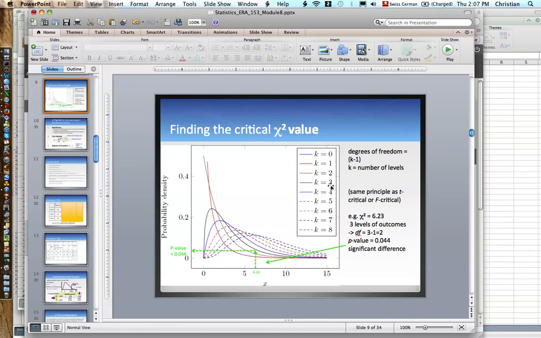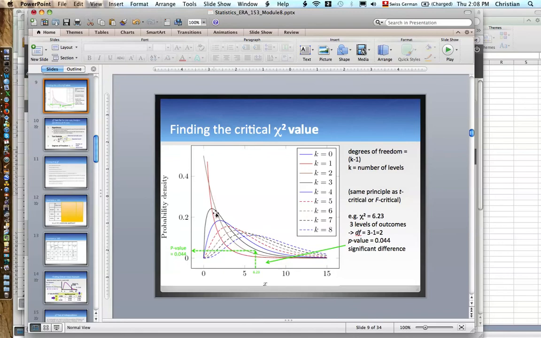So let's say K is 3, with degrees of freedom of 2. This is the black curve here, and you see this black curve goes like that. Down here we have the chi-square values, and here is the probability of obtaining such a value if there is no difference between observed and expected.